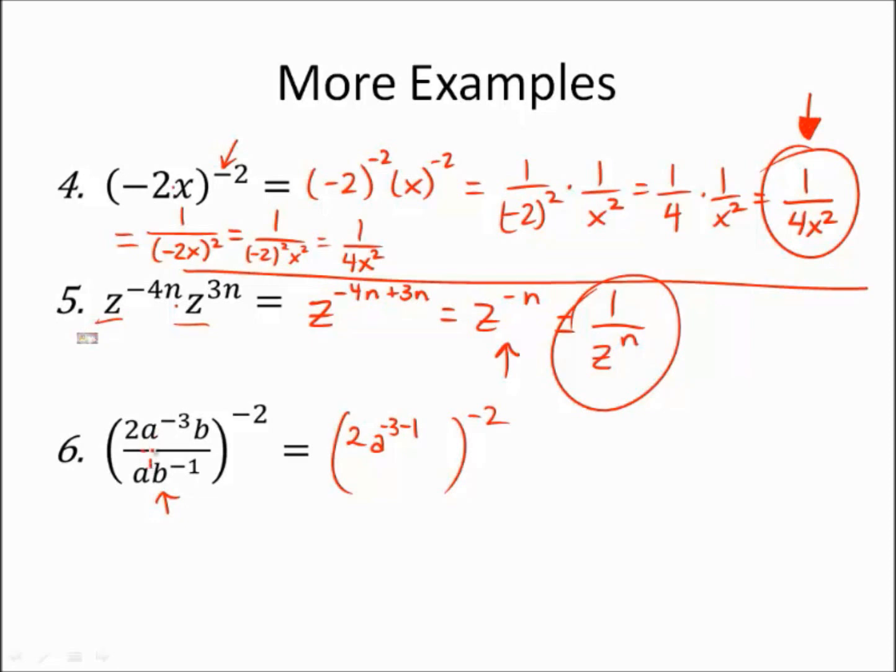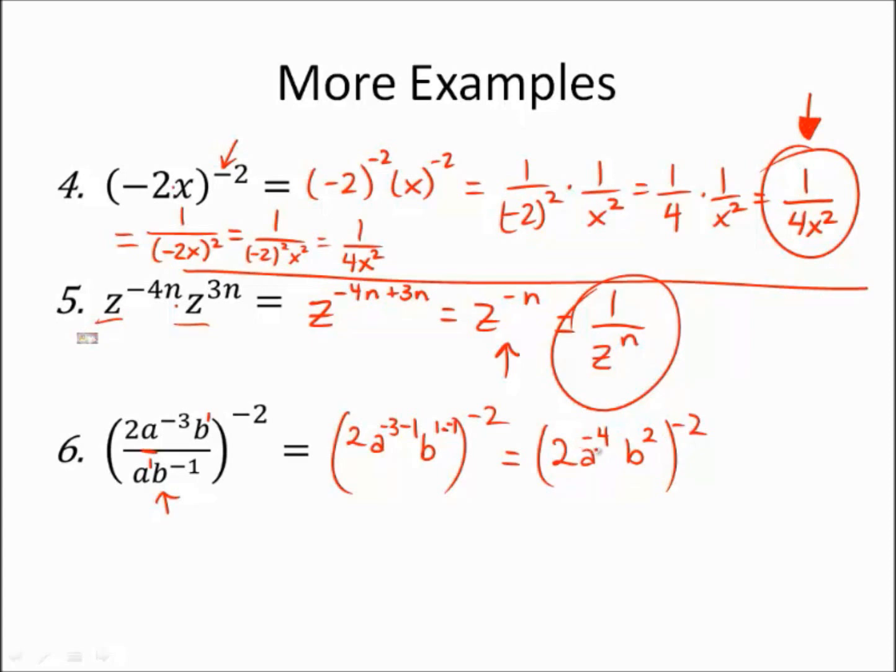This is a 1, and this is a division here of the a's. And because we're taking the quotient rule, we're subtracting the exponents. And then b is to the power of 1 minus -1. All right, let's take the inside further. That gives us 2a to the power of -4, b to the power of 1 plus 1, which is 2.